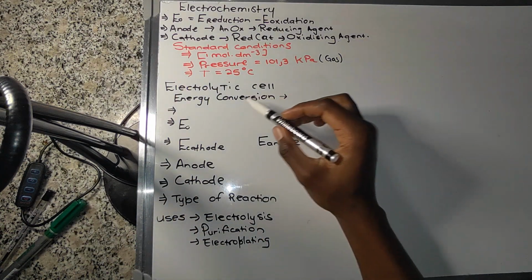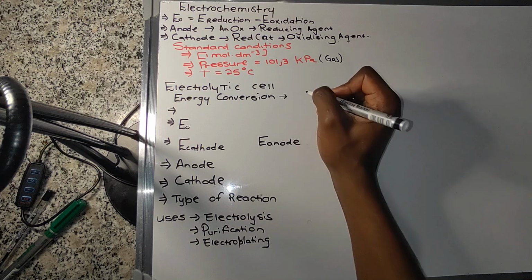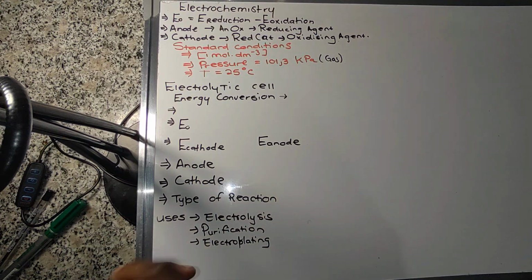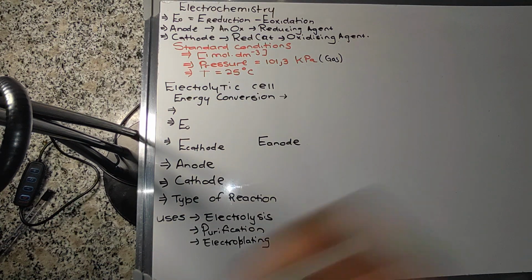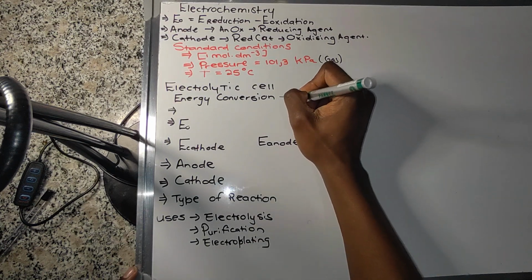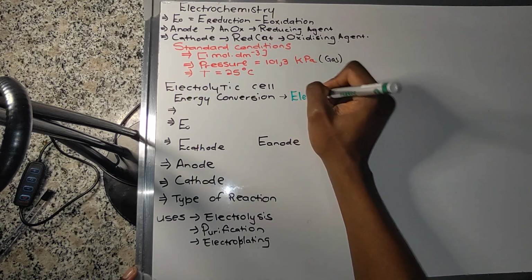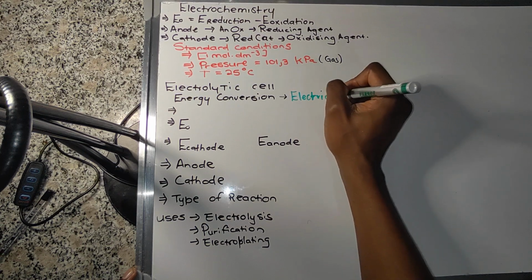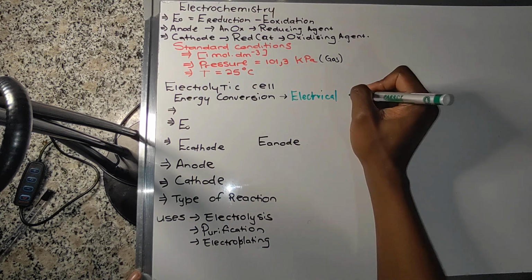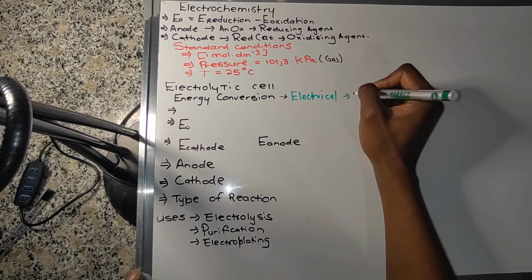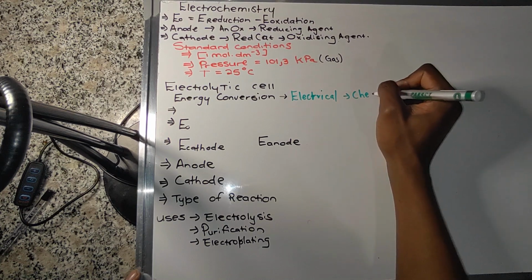So now, in the electrolytic cell, we're simply converting energy. We're converting energy from electrical. So we're using electricity to get to chemical.